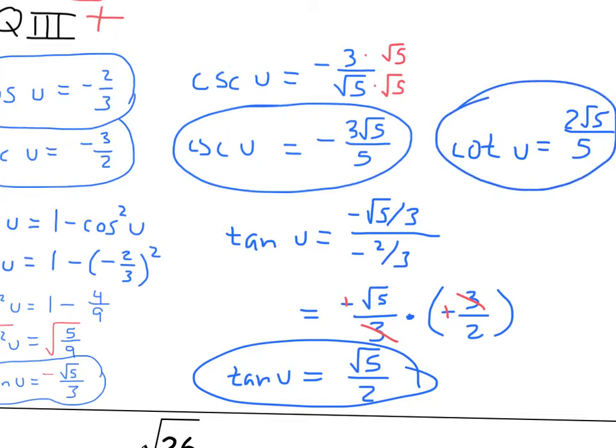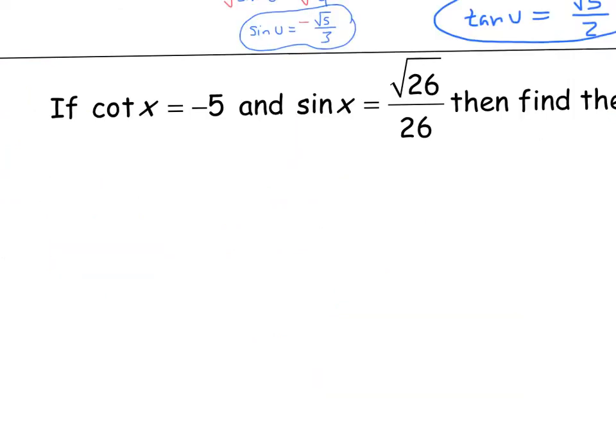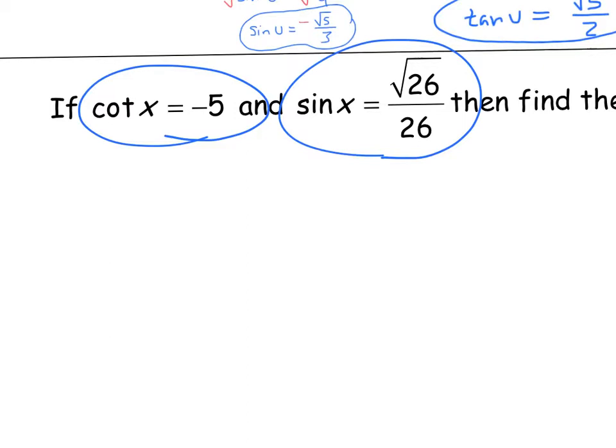Now, wouldn't that be special? Because I have cotangent negative and sine positive, what quadrant am I in? So this means all my decisions are going to be about quadrant 2. Just to refresh myself, cosine is negative, sine is positive, tangent is negative.